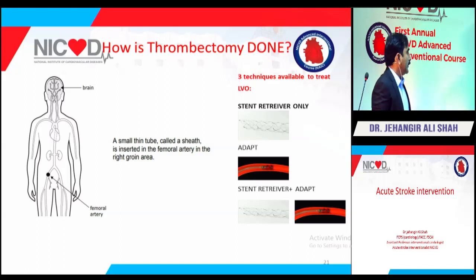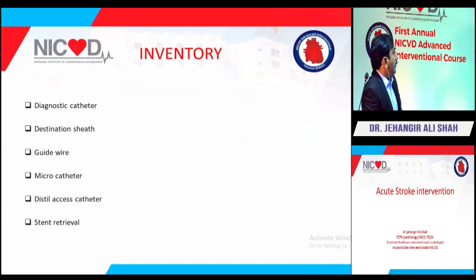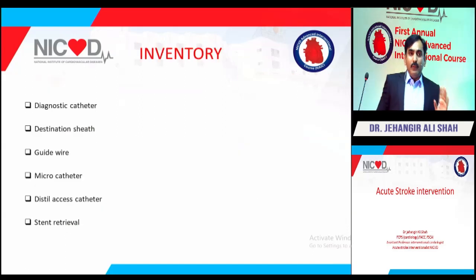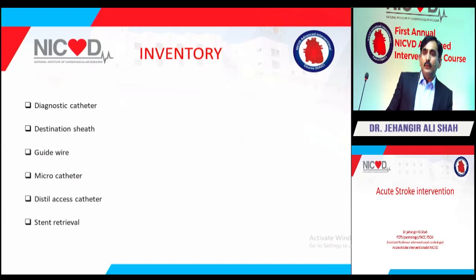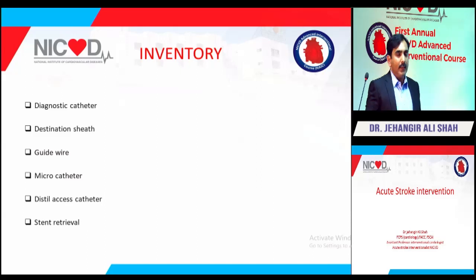There are three techniques used in mechanical thrombectomy: stent retriever only, ADAPT, or the Solumbra technique. You should know the inventory before doing mechanical thrombectomy.